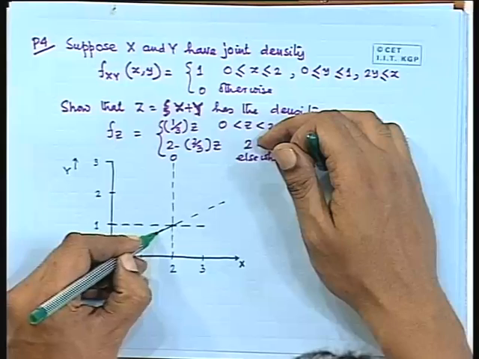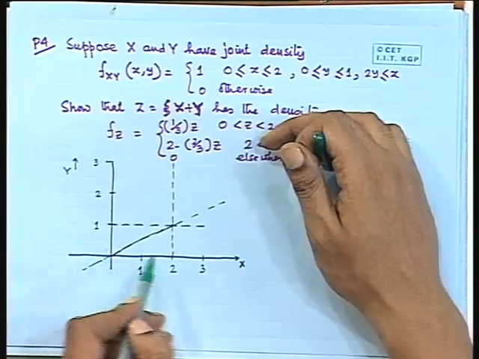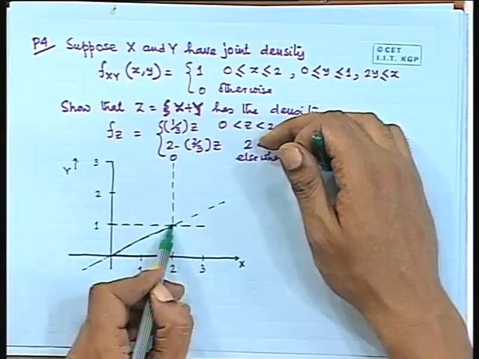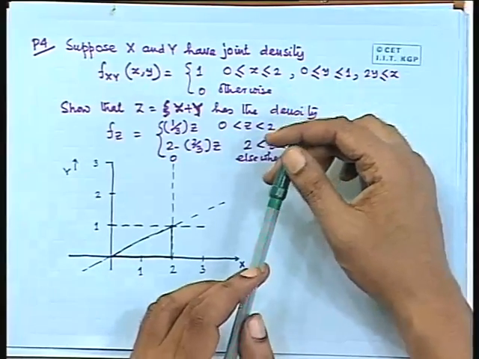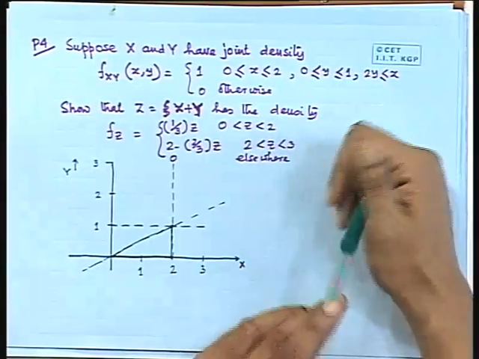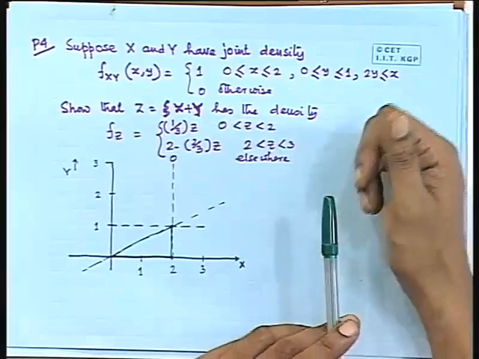This is the area in which fxy is non-zero, inside this triangle. Right? First agree to this.